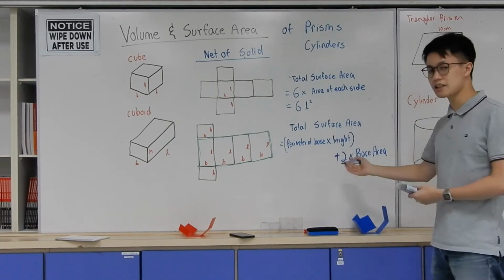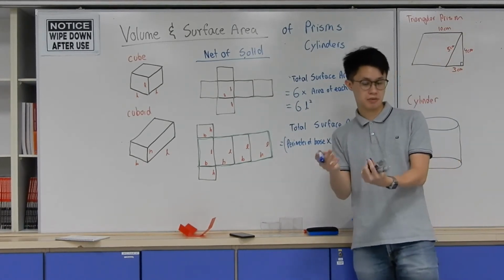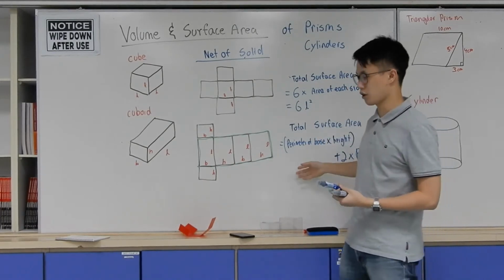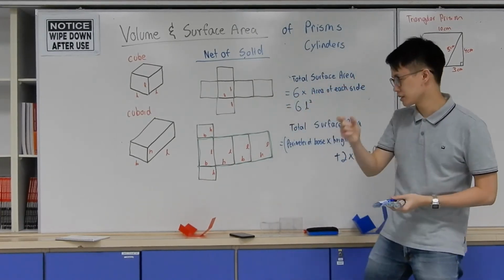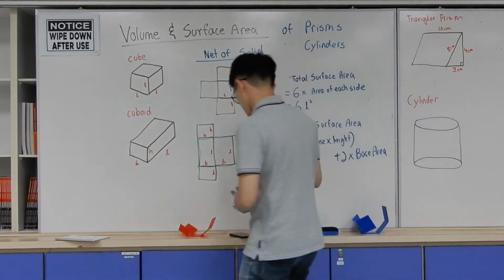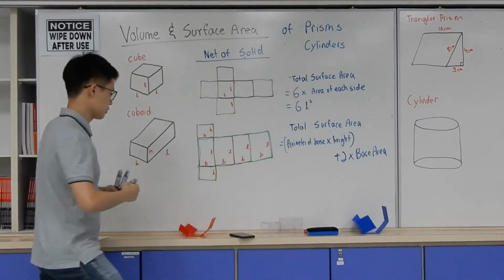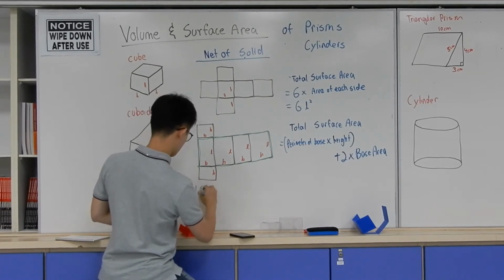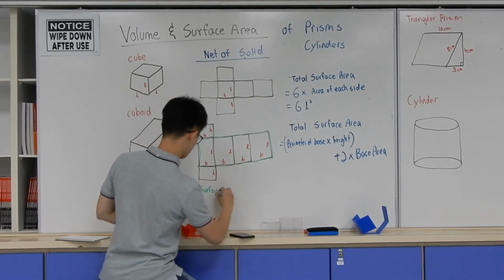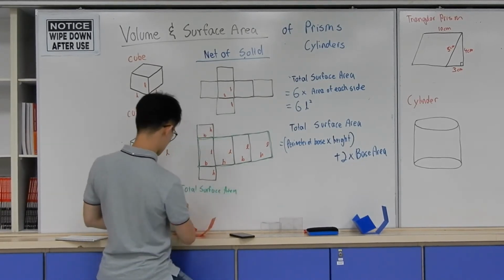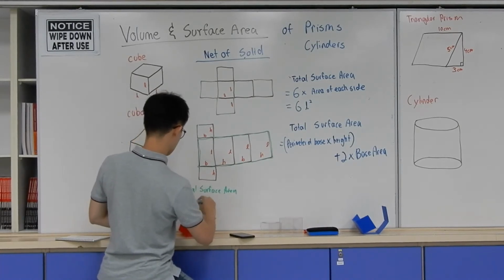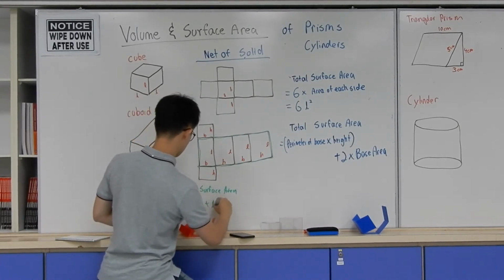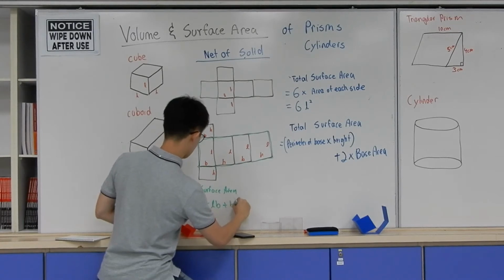Actually this applies to all prisms. In your textbook, you will see that the formula comes differently. You will see that the surface area formula for a cuboid is actually 2 times length times height plus length times breadth plus breadth times height.